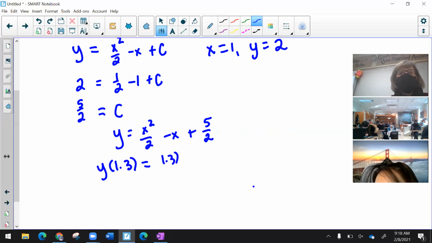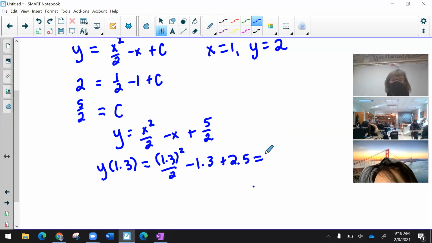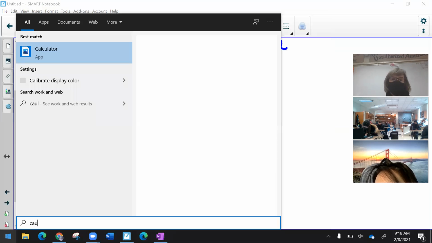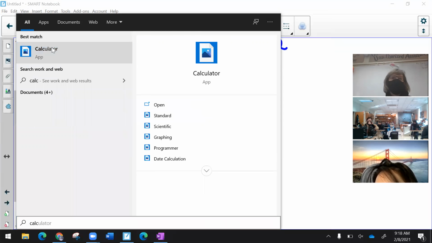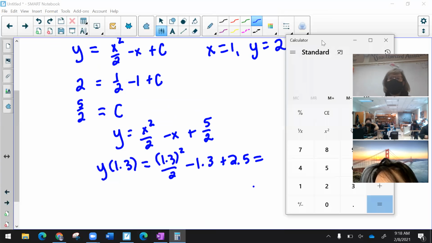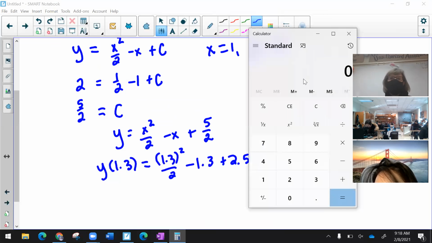So that's going to give me 1.3 squared over 2 minus 1.3 plus 2.5. Like I said, I have no idea if this is going to work. So that gives me about 2.045. Not bad.